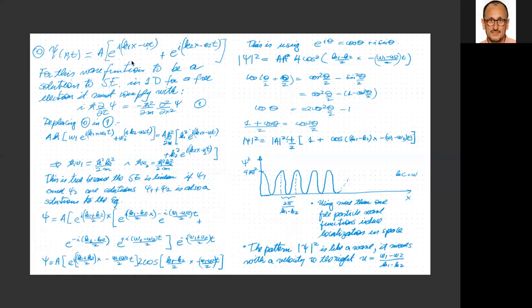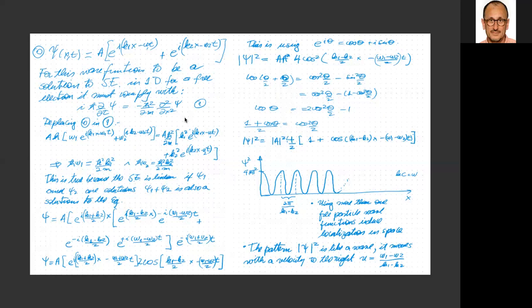So the time derivative of this wave function is exactly that. And now I have to go to the right side of equation 1, and I have the ħ squared over 2m, and I have to derive twice with respect to the position. Deriving twice with respect to the position means I have to lower an ik and an ik. So I get ik1 times ik1.